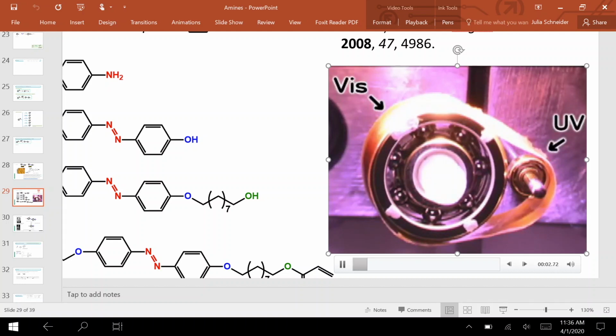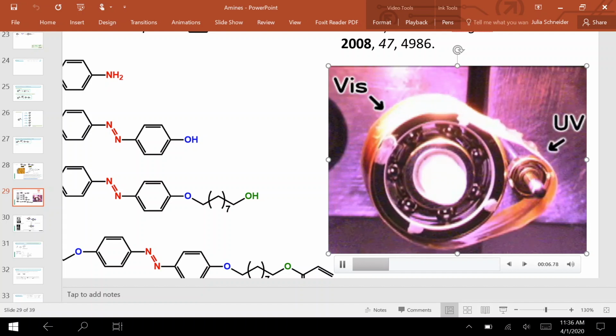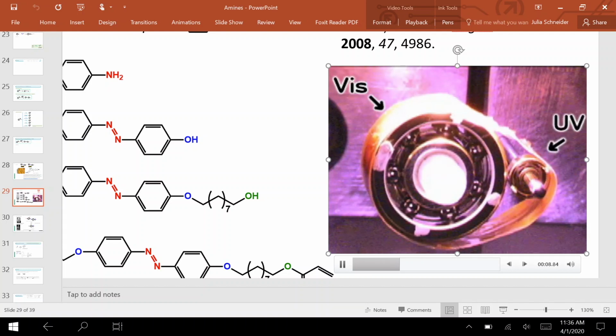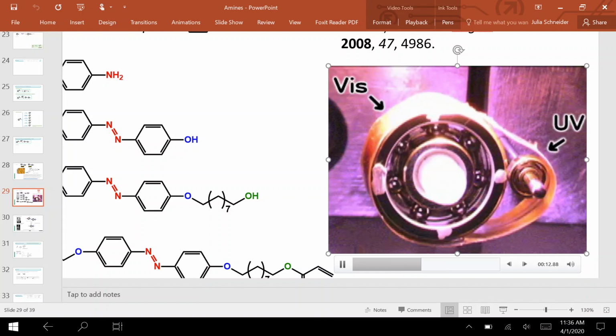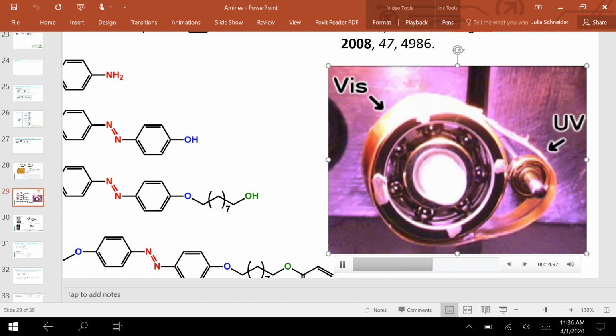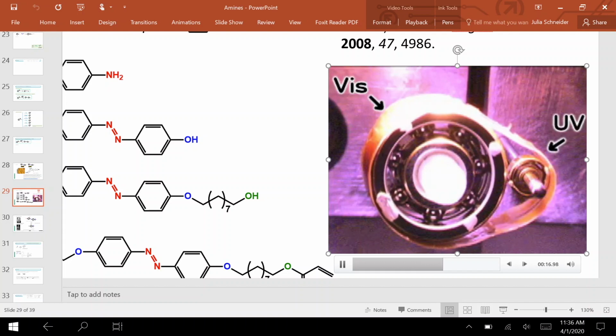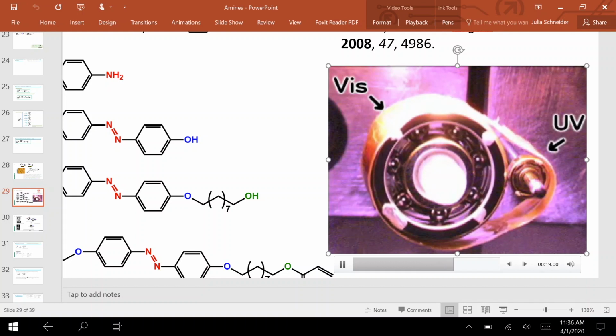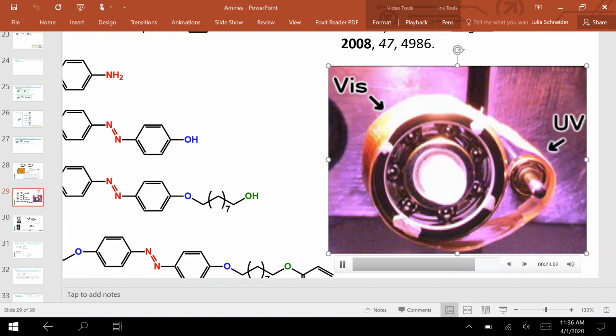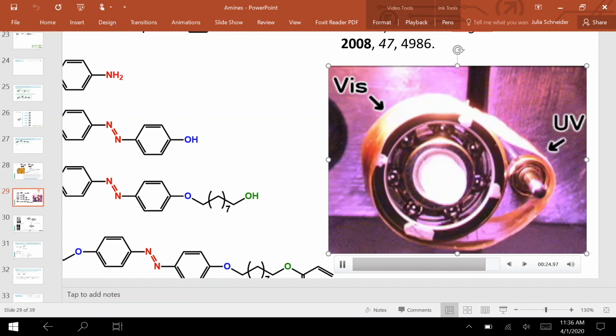But basically, as that happens and as the film flexes, it moves the motor around, and you can see this is slowly pushing the motor, and this is why they call it a light motor, because you're using light to spin the motor. Is this energy efficient?